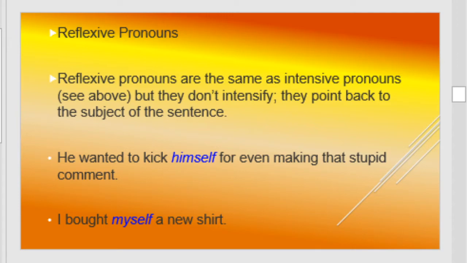If you notice, myself is the object pronoun and I is the subject pronoun. So I and myself are just the same. So we can use the reflexive pronoun if the subject and the object are the same. While for intensive pronoun, that one is just to show or to intensify the subject or something, okay?